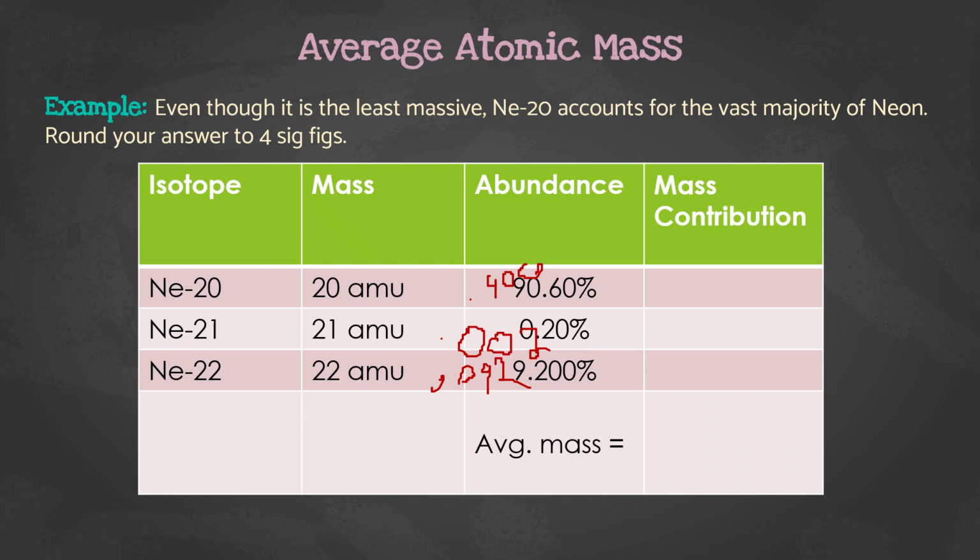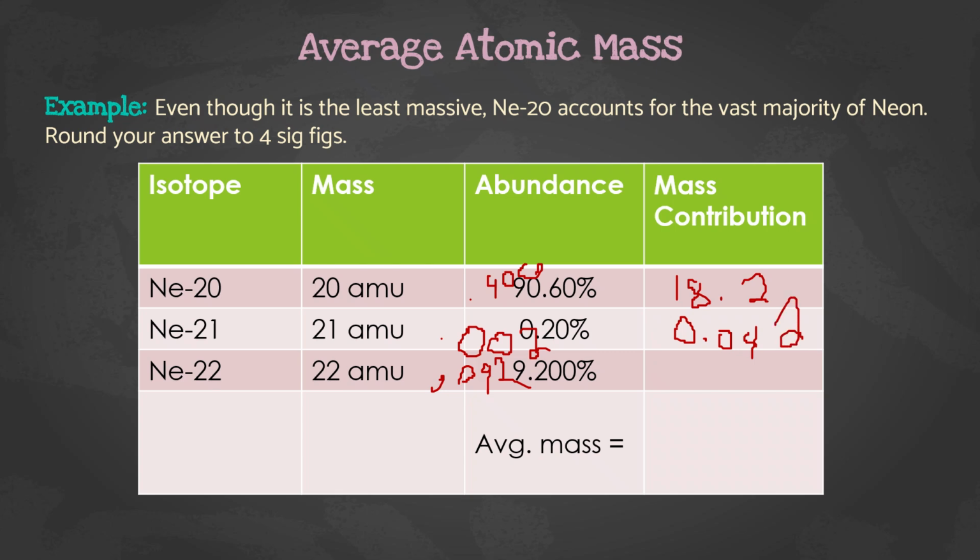So now that I have my abundance in decimal form, I'm going to take that and multiply it by my mass. So 20 times 0.906 is going to be 18.12. And then 21 times 0.002 is going to be 0.04.